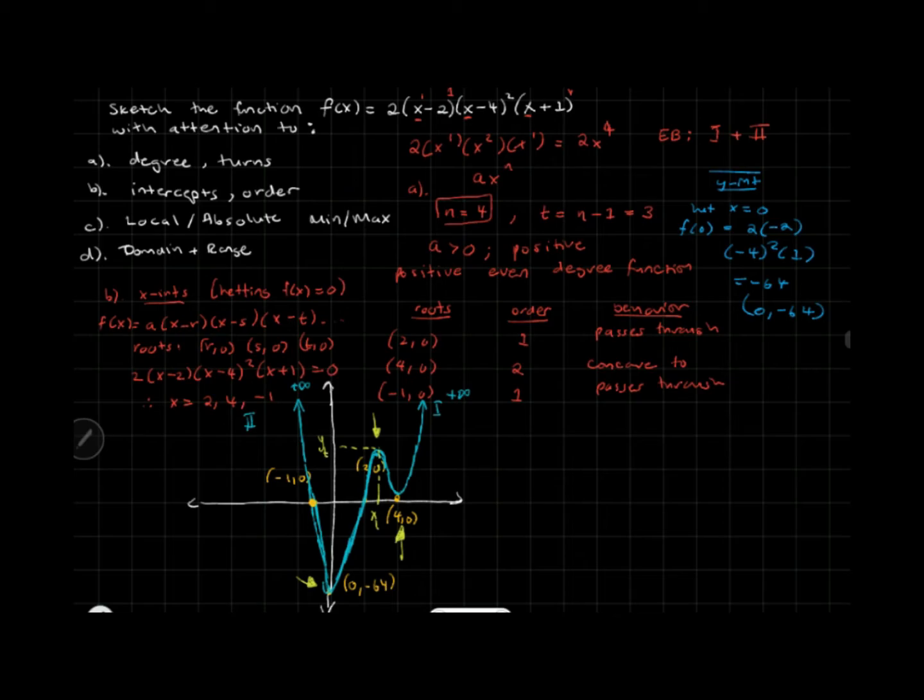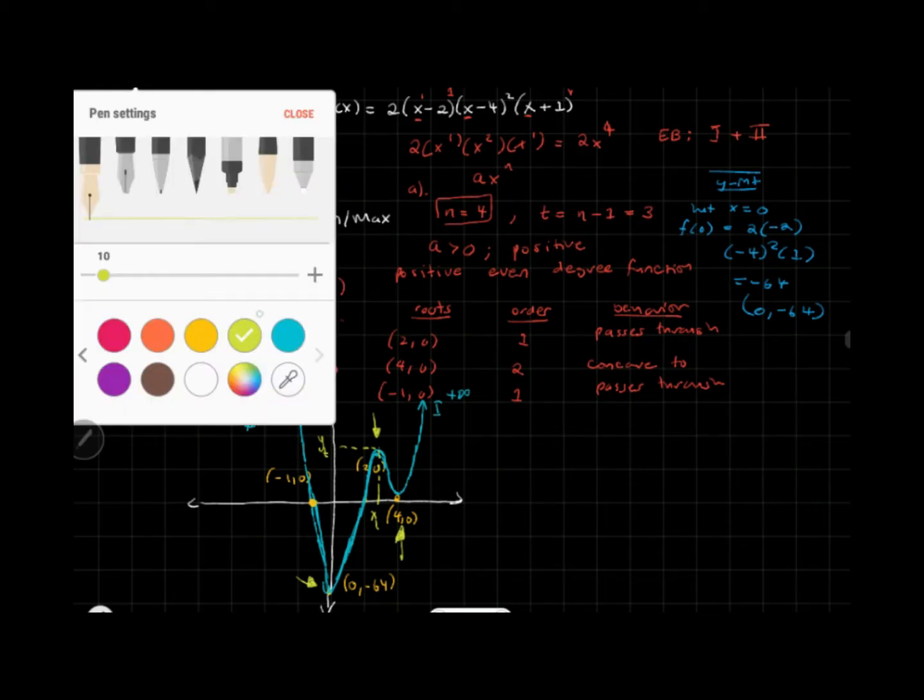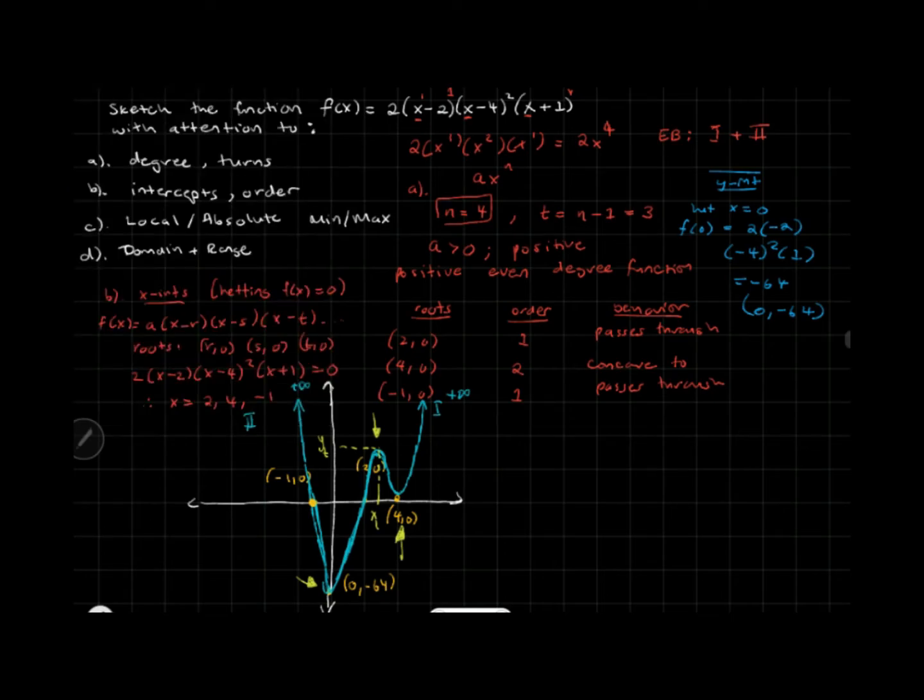Now, because this is an even degree function, we're going to have a local maximum and minimum, but more importantly, an absolute minimum. Let's mention that here. If we look at our domain, the domain is consistent for all polynomials: x belongs to the set of all real numbers.